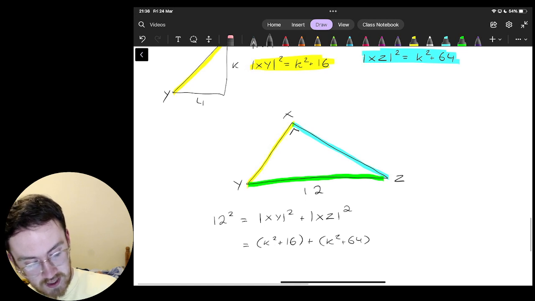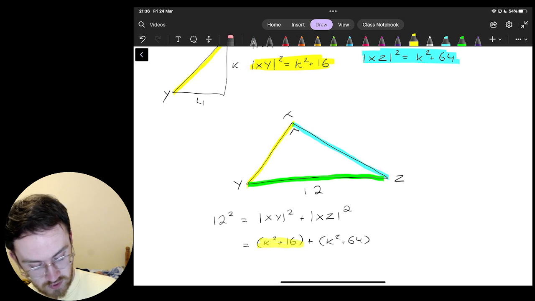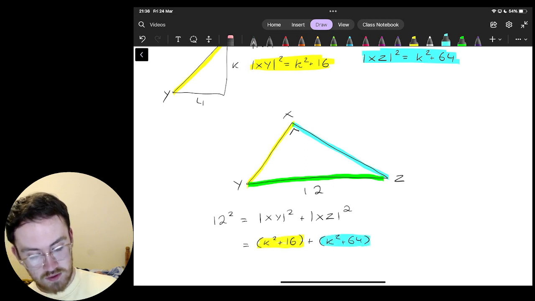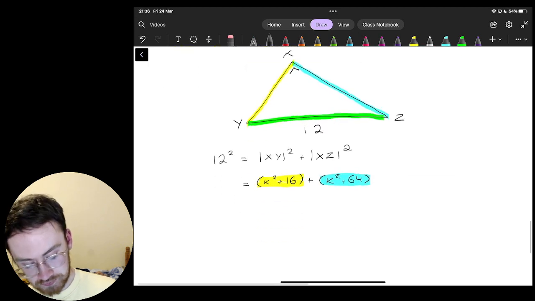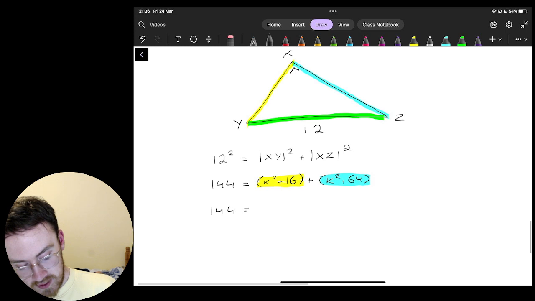So I'm taking the answers from the first two triangles I just looked at, and we found those two sides, so we're just rewriting those. 12 squared is 144, and we'll keep going then. So 144 equals k squared plus 16 plus k squared plus 64, and we're just tidying up as best we can.